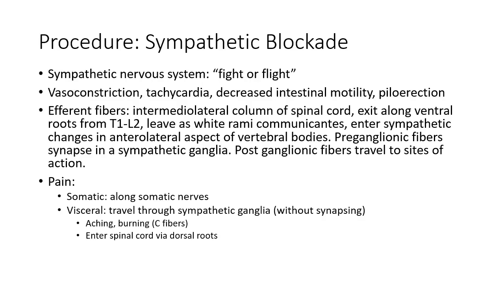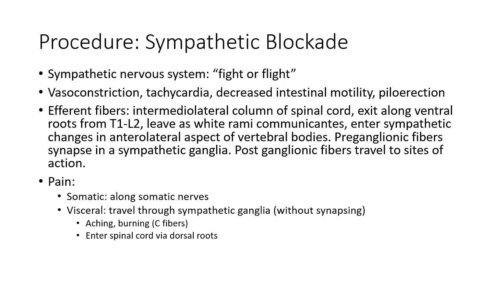The sympathetic nervous system is commonly described as the fight or flight part of the autonomic nervous system. Among its multiple effects are vasoconstriction, tachycardia, decreased intestinal motility, and piloerection. Efferent fibers of the sympathetic nervous system begin in the intermediolateral column of the spinal cord and exit along the ventral roots, from T1 to L2.